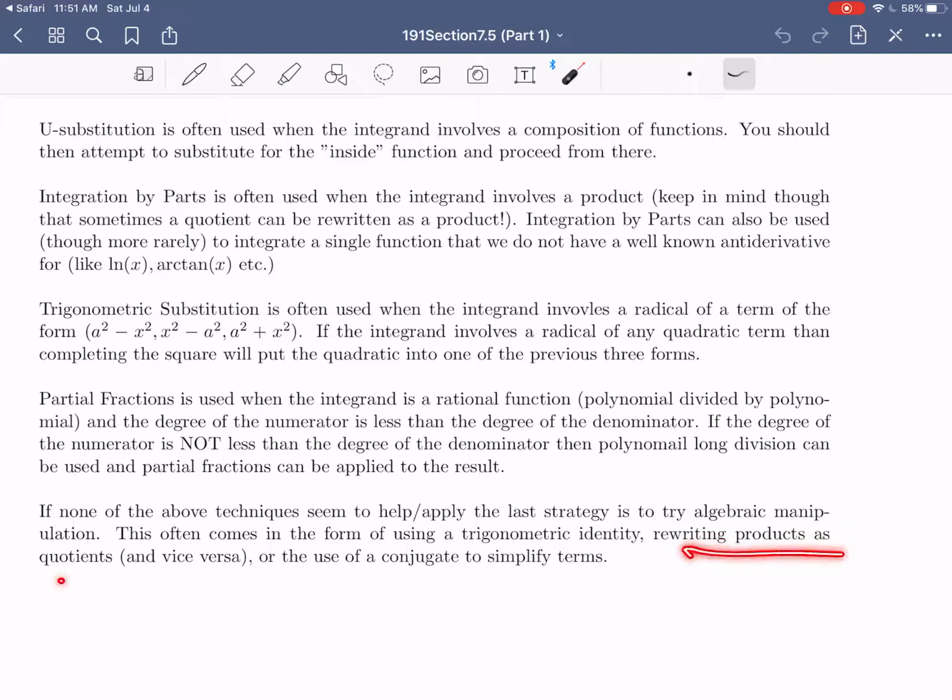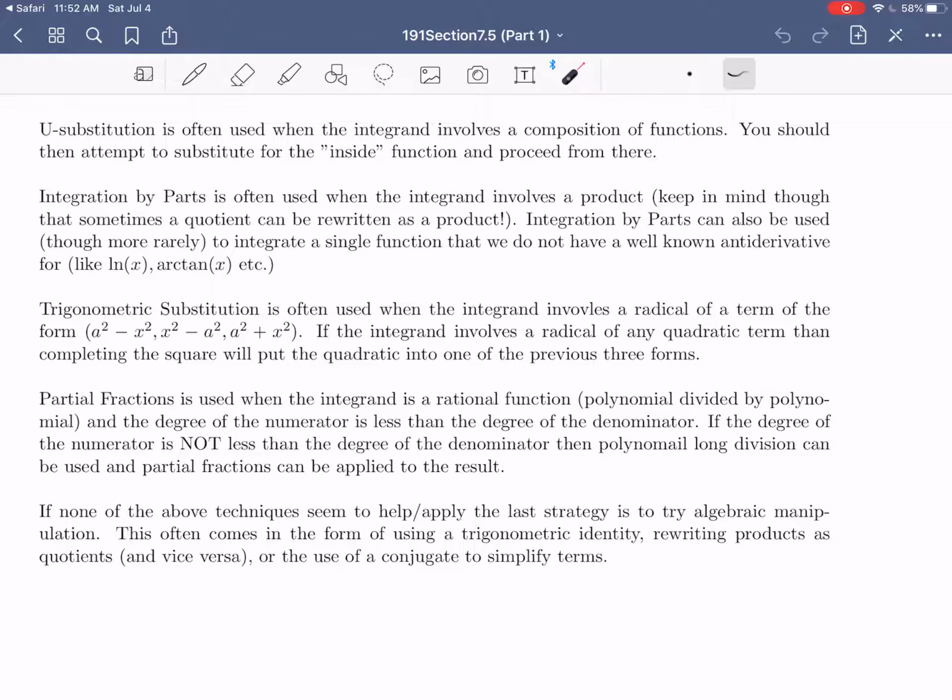Sometimes you can rewrite products as quotients and quotients as products. And one very common manipulation is the use of a conjugate. If you see something in an a minus b format, you can multiply by (a plus b) over (a plus b), build the difference of two squares, and maybe that'll simplify things. So if none of the techniques are helping, you can always try to manipulate things algebraically.